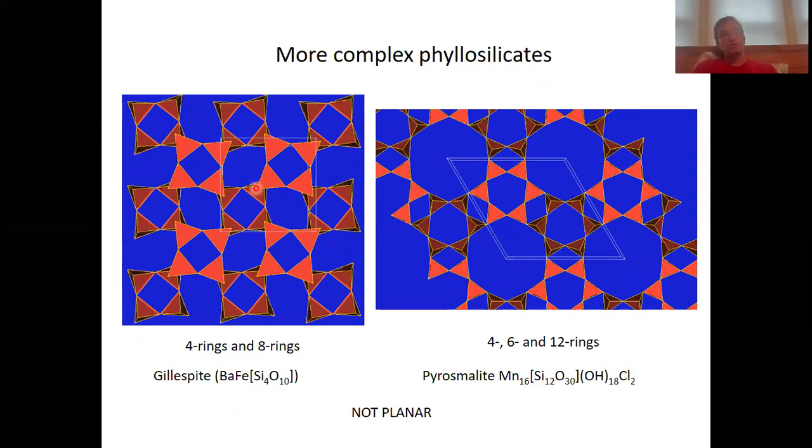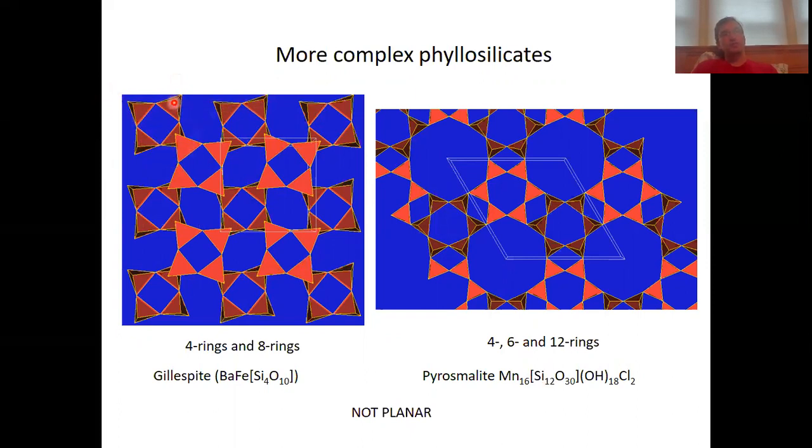So here you have just two examples. In both these examples, the layers are not planar. Okay. So here in this first example, you have 4 rings. So rings of 4 tetrahedra, which are arranged in sheets.